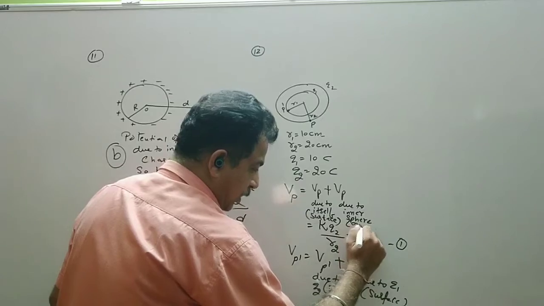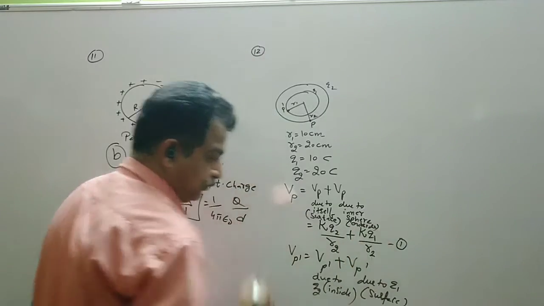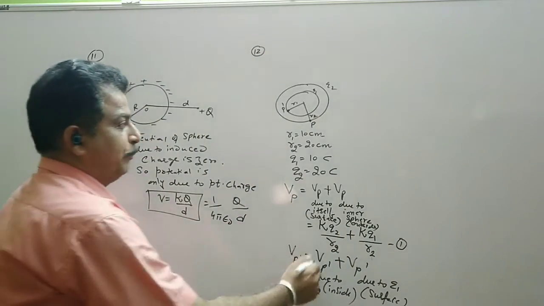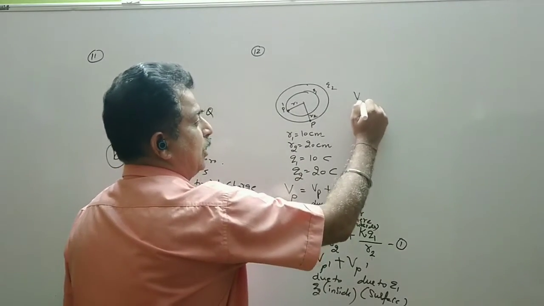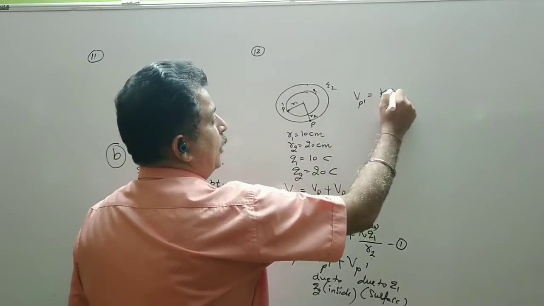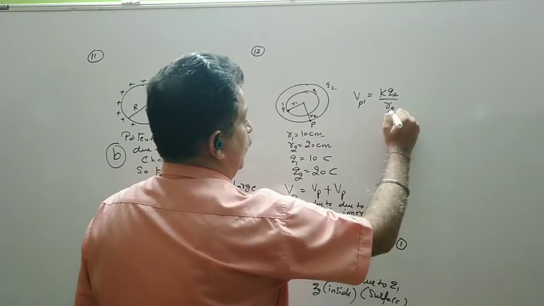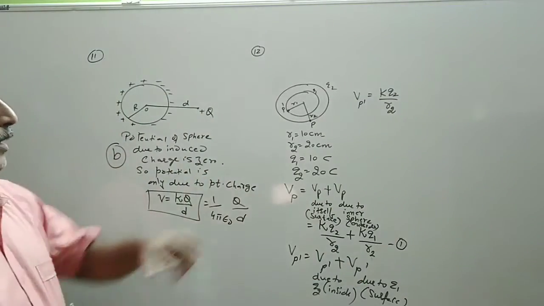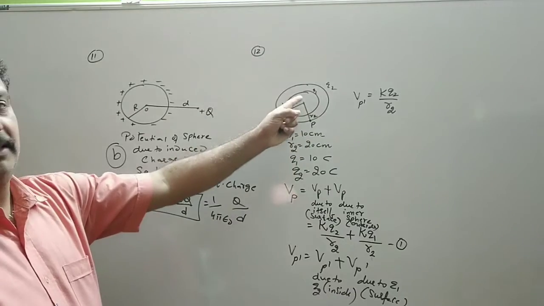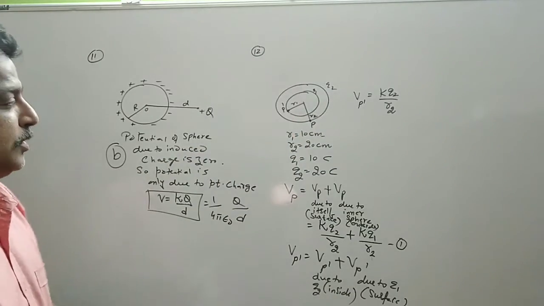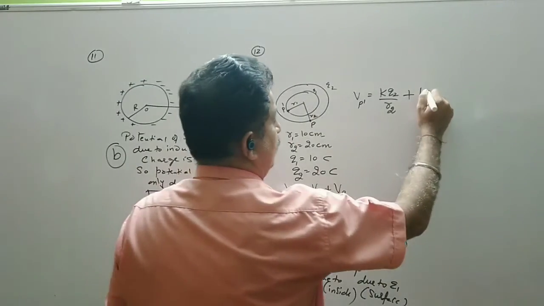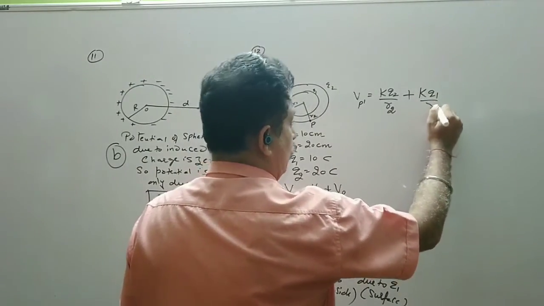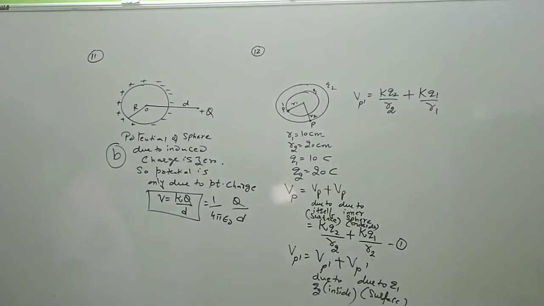So you have to mention this also. Now the potential at P dash due to Q2, inside: inside, the potential remains constant, so KQ2 upon R2, since work is done up to point P and inside it remains constant, plus the surface term, KQ1 upon R1.